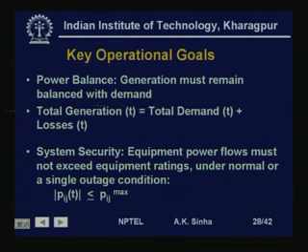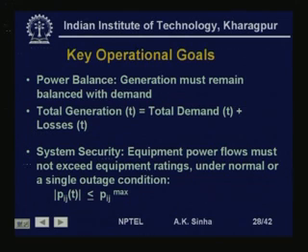So, the total generation must be able to balance this total demand plus losses, and only then will the frequency of the system, that is the speed of the generators, remain constant. This is done by means of power system control. Of course, instead of each operator trying to maintain the frequency manually, as was done earlier, now we have automatic devices to do this.